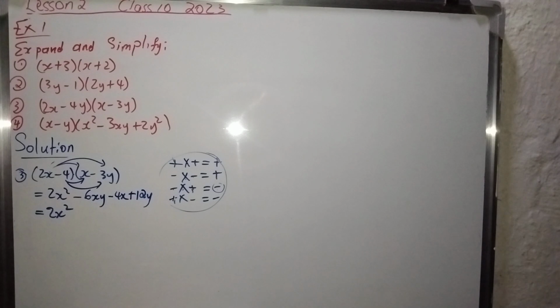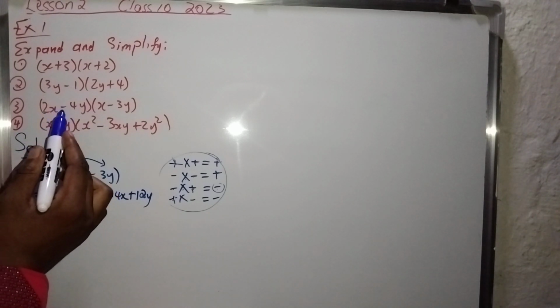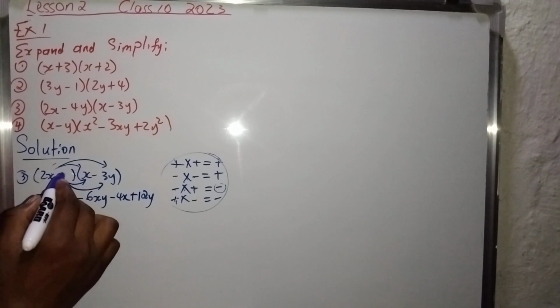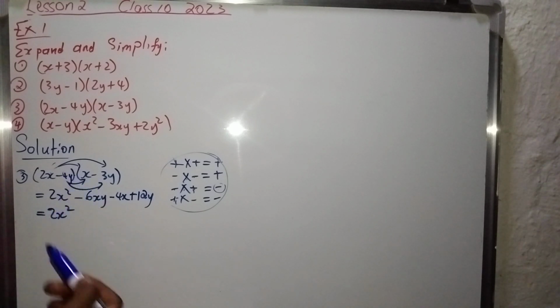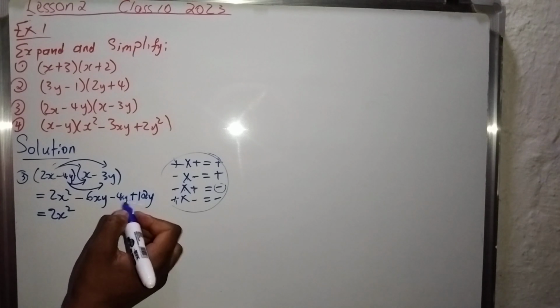Let me just check, oh, in number three, sorry guys, there is 2x minus 4y, so I forgot to put that 4y there. Sorry about that. So therefore 4y times x, so here it should be 4xy.